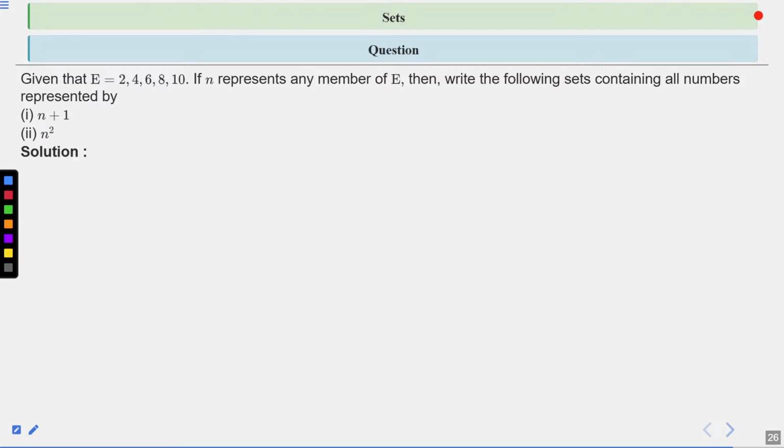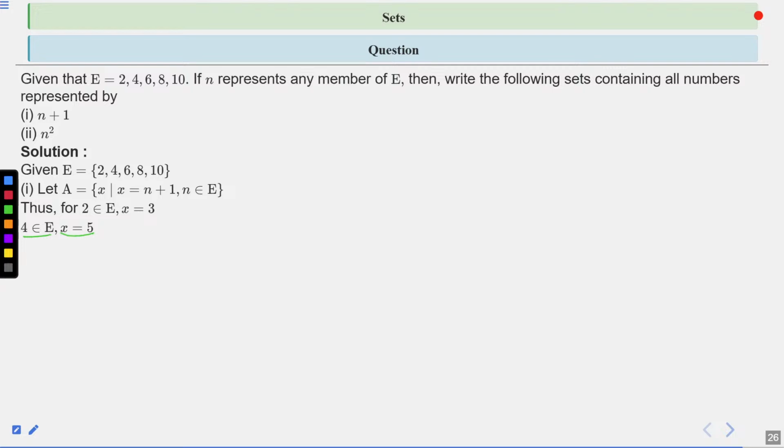So, solution. Very simple. E is already given to us with these 5 elements 2, 4, 6, 8, 10. For the first, A is simply the collection of all x, where x must be of the form N plus 1 and N belongs to the capital E. Now 2 belongs to E, so substitute 2 in place of N. We will get x as 3.